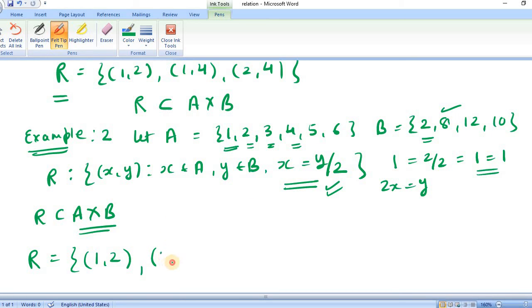So the next will be 4 comma 8 ordered pair, right? Next is 5 to the 10, so 5 comma 10 will be here. And the last one 6 to the 12, so this will be 6 comma 12 here. So only these ordered pairs will be here because these are fulfilling the condition. So R is our given relation.